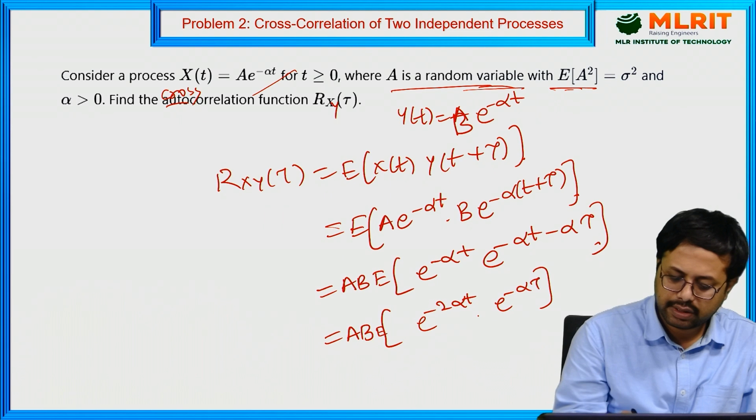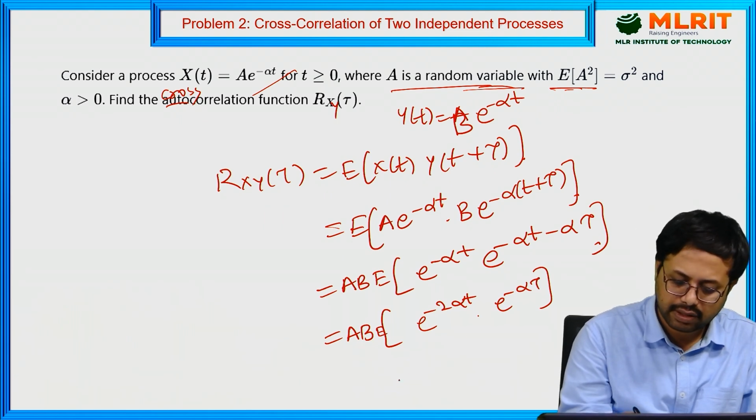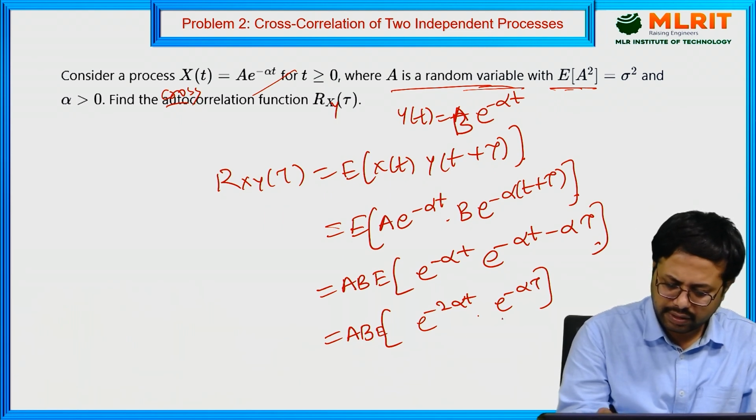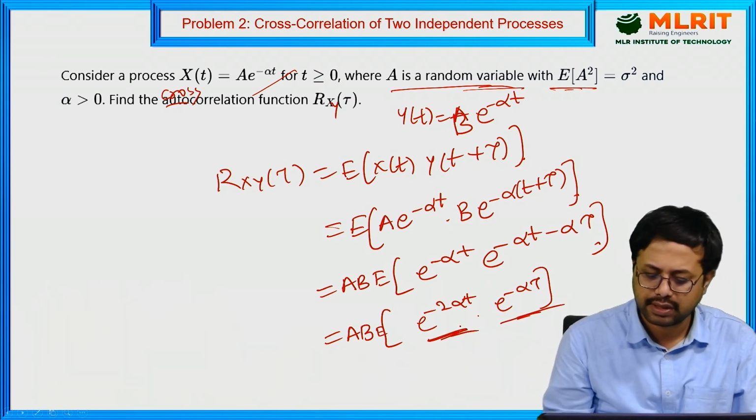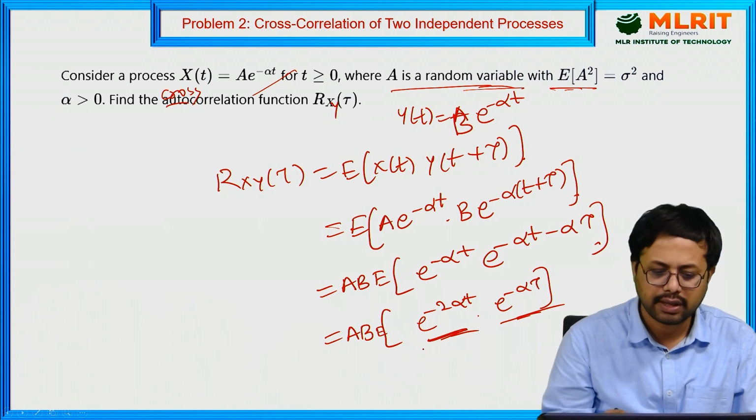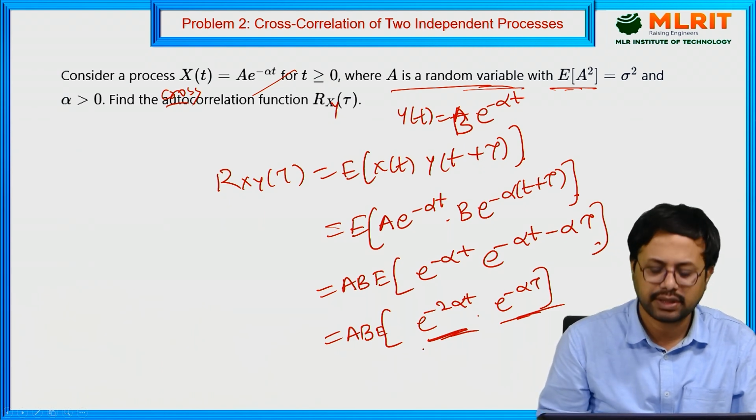Okay, now this is the formula you have. Now you can apply the expectation for the product of this, then you get the resultant cross correlation function.